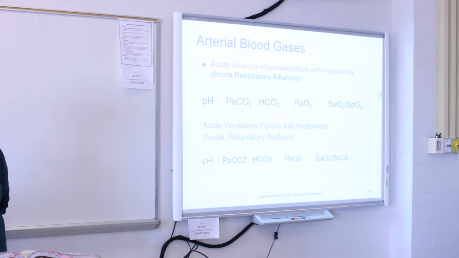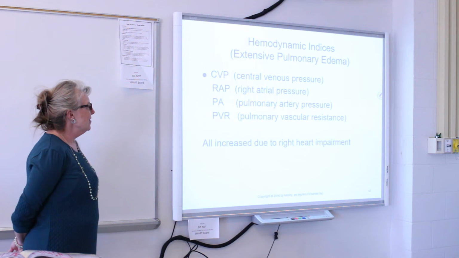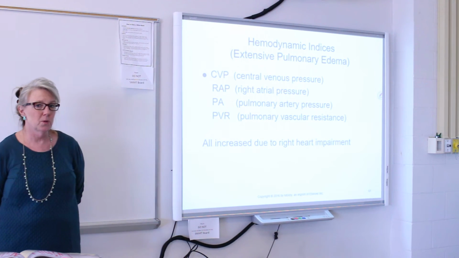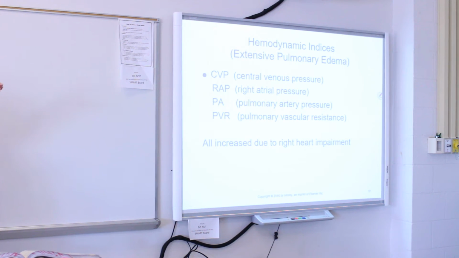Questions about the blood gases? Now, all of these parameters right here, the central venous pressure, the right atrial pressure, pulmonary artery pressure, pulmonary vascular resistance, which part of the heart is being affected to show elevations in these parameters?